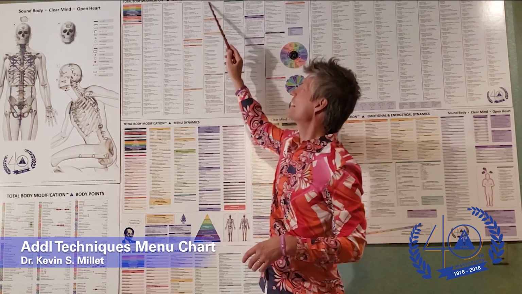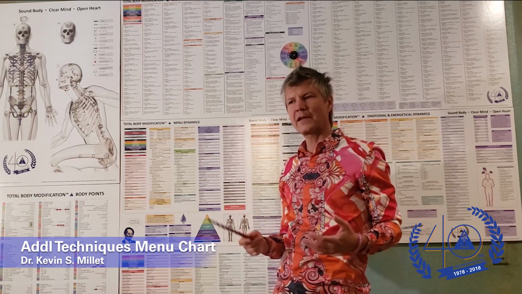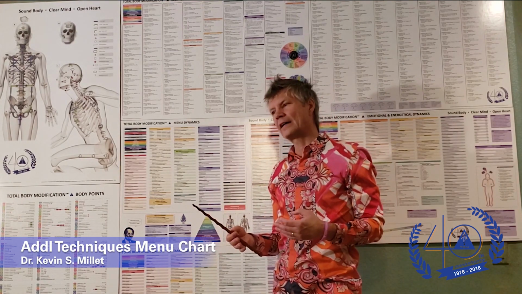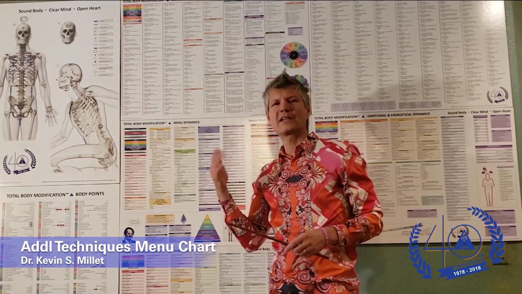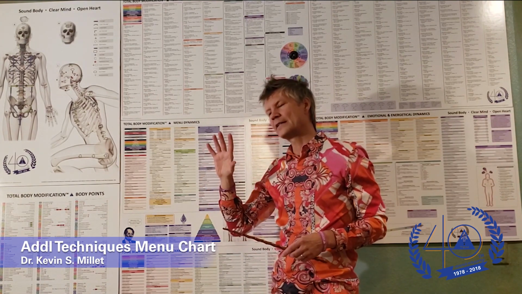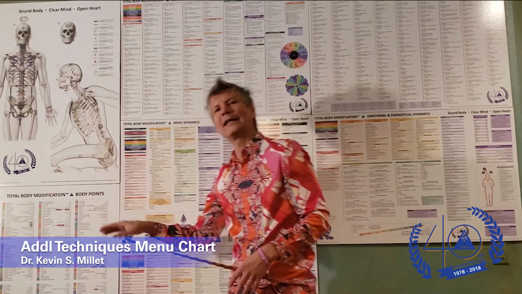So this is the additional techniques, and essentially there are certain things that we do in TVM quite often that are a little more involved and a little more difficult to commit to memory, or we can't compress them into a body point and just have a one-line listing.